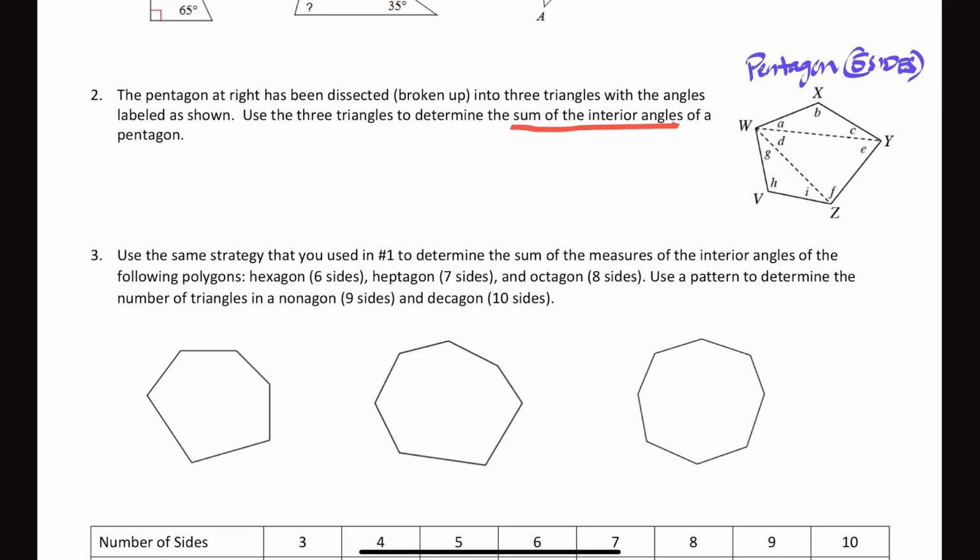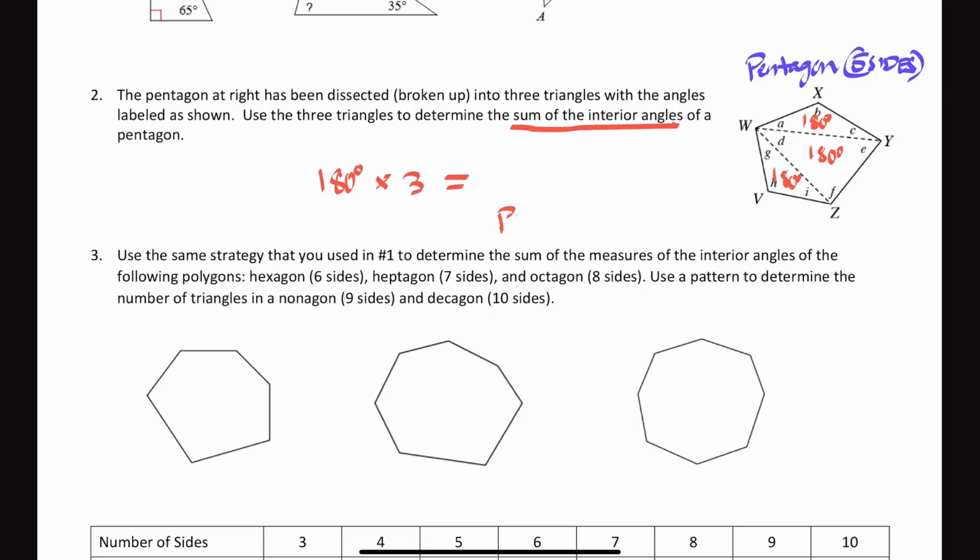All right, so what you should remember when looking at each one of these is that each triangle has a value of 180 degrees, talking about the interior angles. 3 triangles, 180 degrees each. If you want the entire total, you'd take 180 degrees and multiply it by 3.